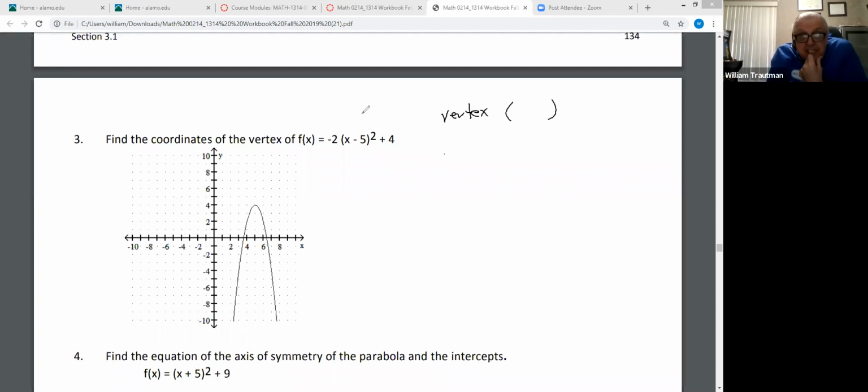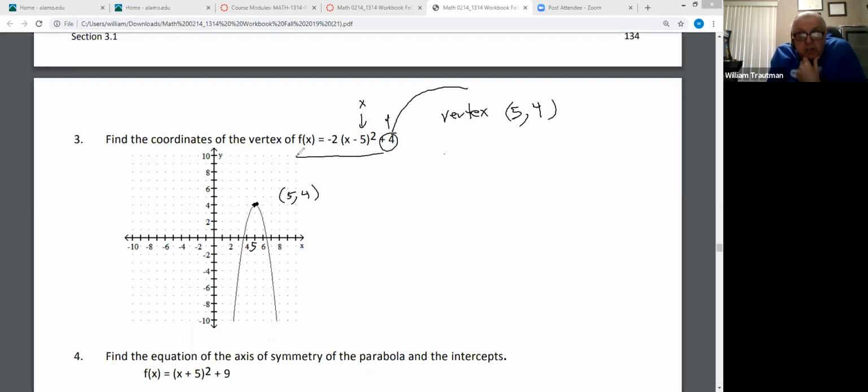Remember, the vertex, this is the x value, but different sign. A -5 changes to a +5. And the y value is the same number, 4. So the vertex is 5, 4. Look, the vertex is the highest or lowest point. Right there's the vertex. The coordinate here is 5, 4.